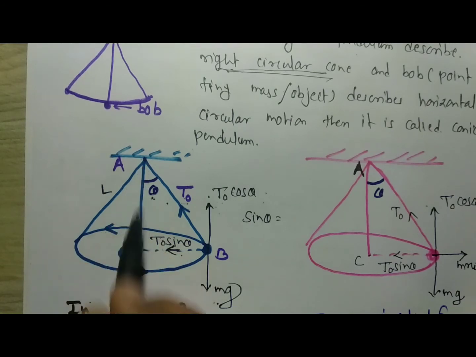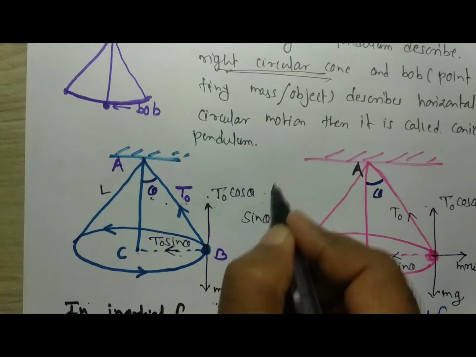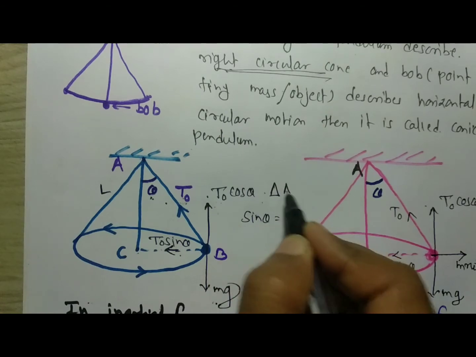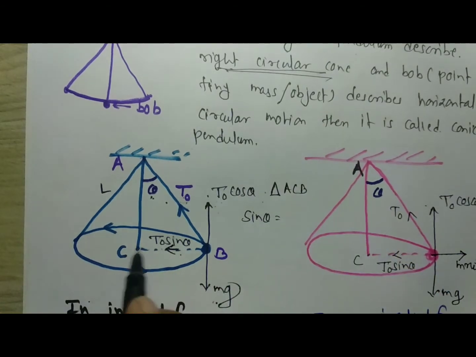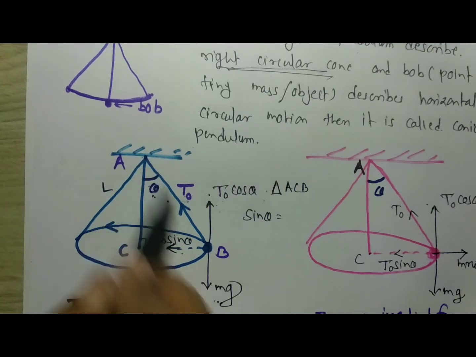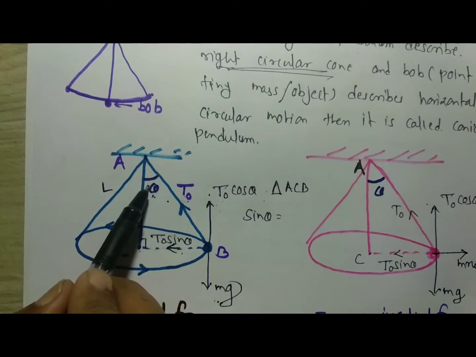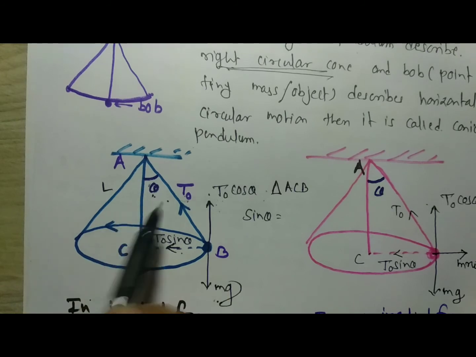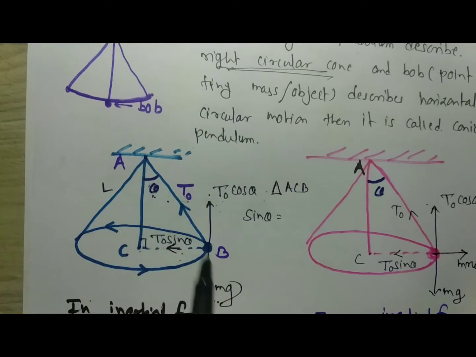Once again I am thinking about triangle ACB. C is 90 degrees, this is theta, and this is the hypotenuse, so sin theta is opposite side divided by hypotenuse.